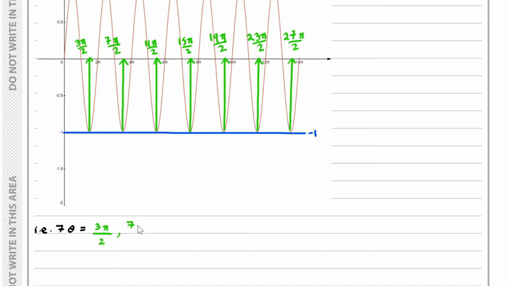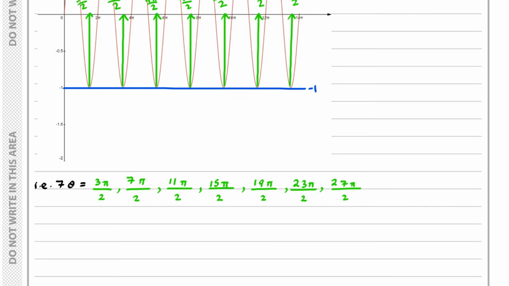It's also going to equal 7 pi over 2, 11 pi over 2, then we've got 15 pi over 2, 19 pi over 2, 23 pi over 2, and 27 pi over 2.